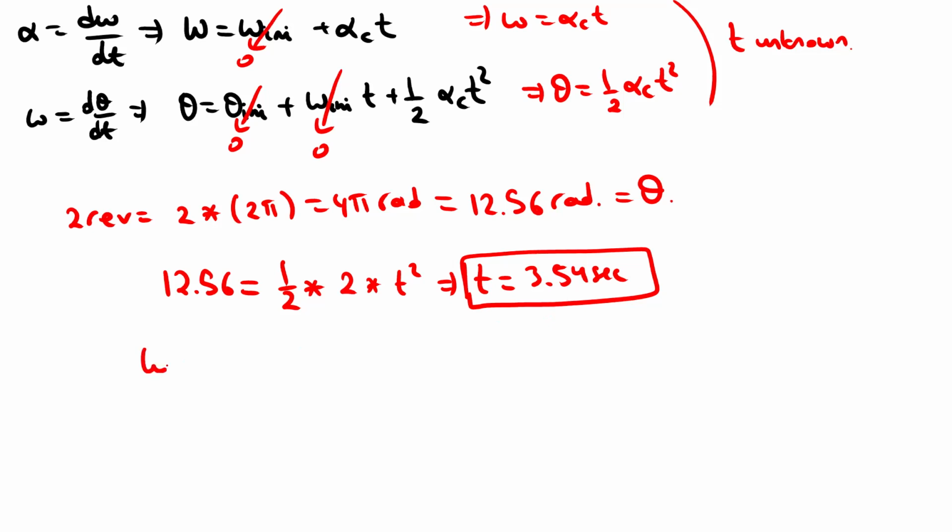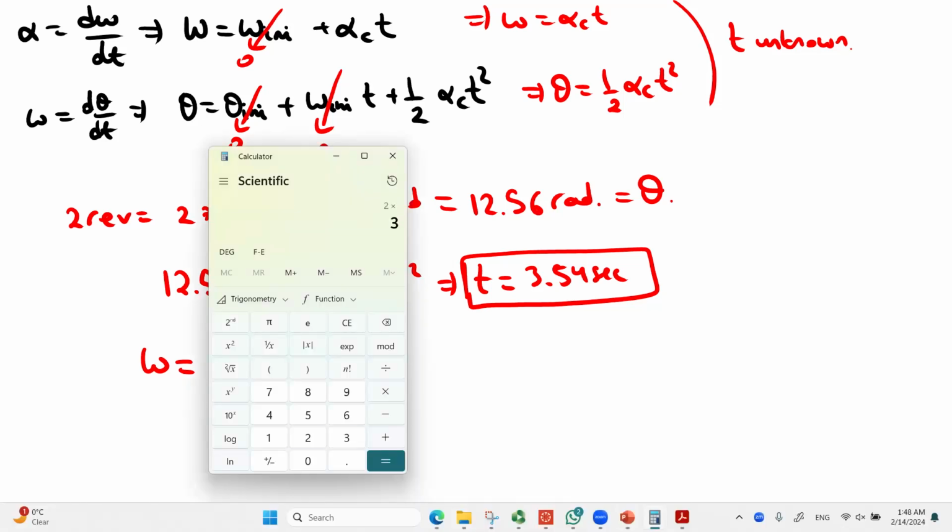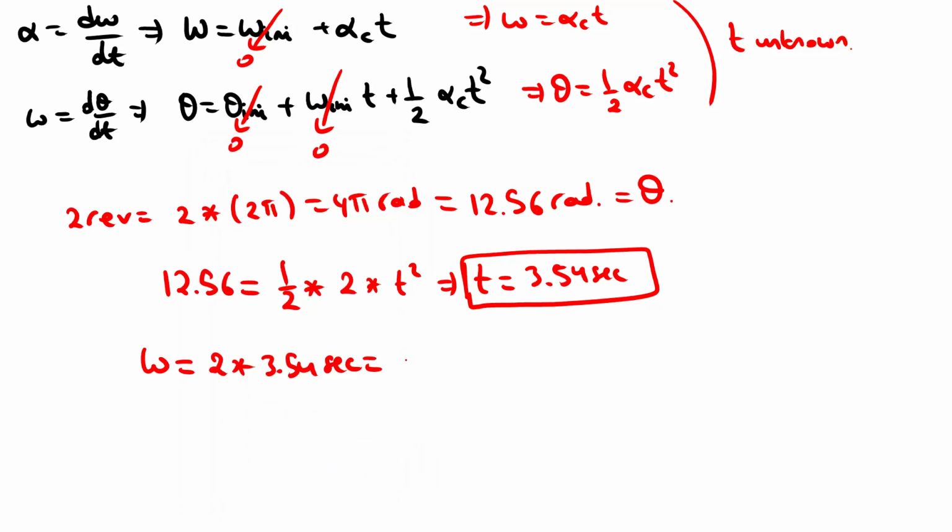And then from here I can find omega as 2 times 3.54 seconds, that will be 7.08 radians per second. So from here I have the value of omega.